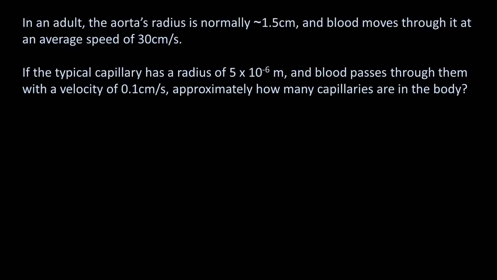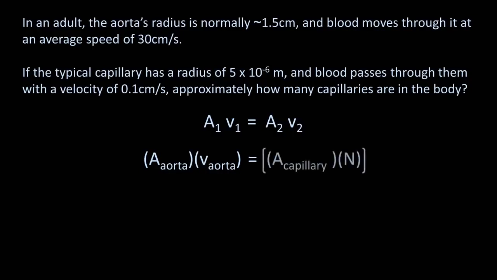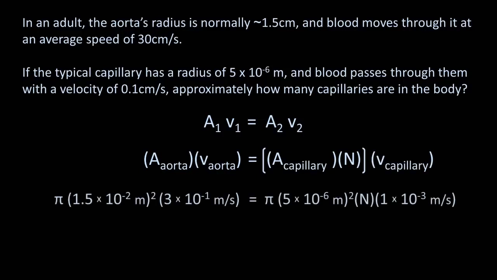Again, another continuity equation problem. In this case, area 1 is the cross-sectional area of the aorta, and velocity 1 is the average speed of blood in the aorta. But what is area 2? It is the total cross-sectional area of all capillaries, which is the cross-sectional area of one capillary times n, where n is the total number of capillaries. Substitute in the known values.